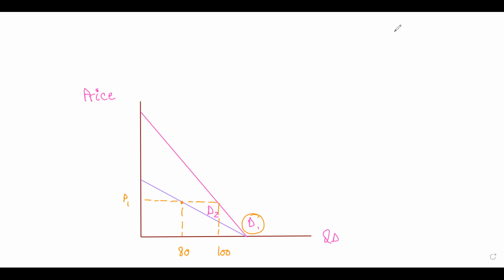Similarly, I can choose another price level to show you, but I think you would have gotten the idea. If I choose this price level, have a look at this. At this new demand curve, you can see for yourself that there is a lesser quantity being demanded, whereas at the previous demand curve, there was a greater quantity being demanded.